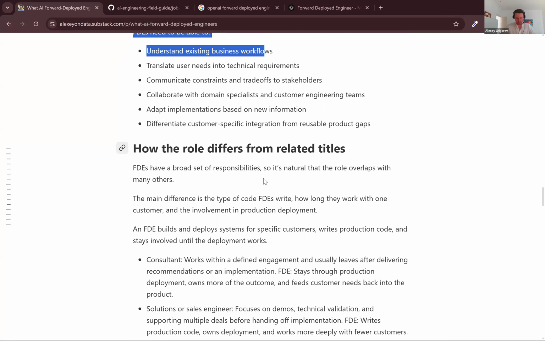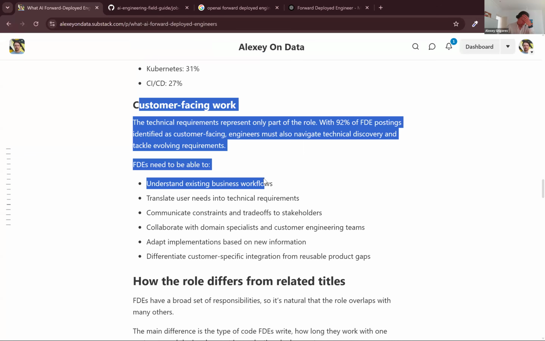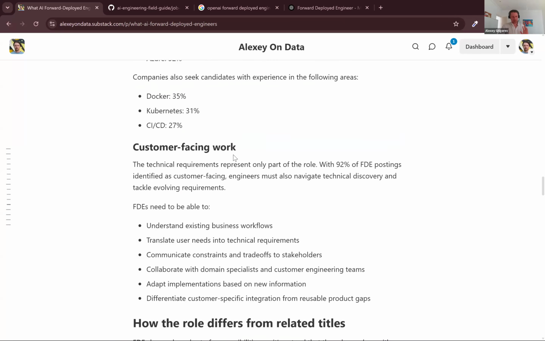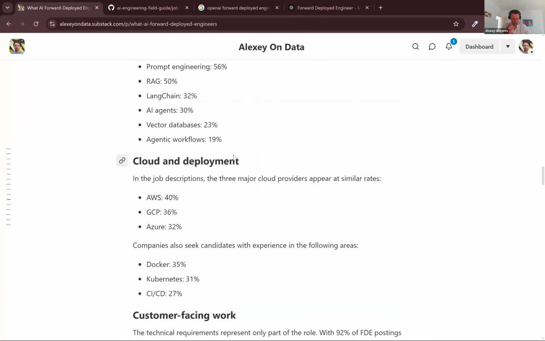Yeah, we all talked about this. So they are working with clients. They need to have this product sense in a way to be able to get the specification, to understand scoping, this kind of stuff, and then actually build in production, right? So they also need to have a bit of a product manager mindset in addition to being a good AI engineer and in addition to knowing a bit of platform engineering, like DevOps stuff.